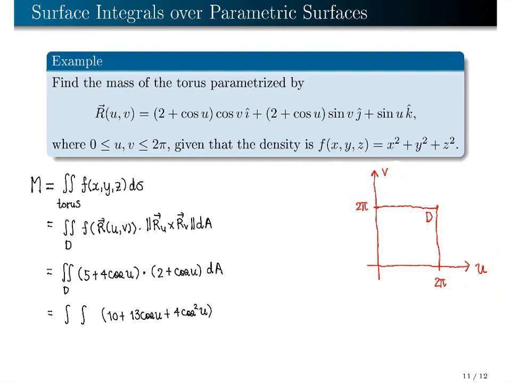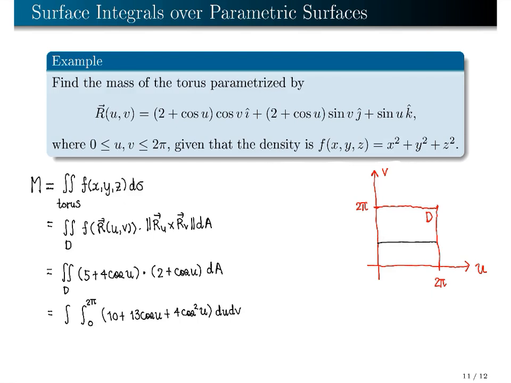If we choose to integrate first with respect to the parameter u, then we have du dv, and we find that the limits of the inner integral and the outer integral are both 0 and 2 pi.